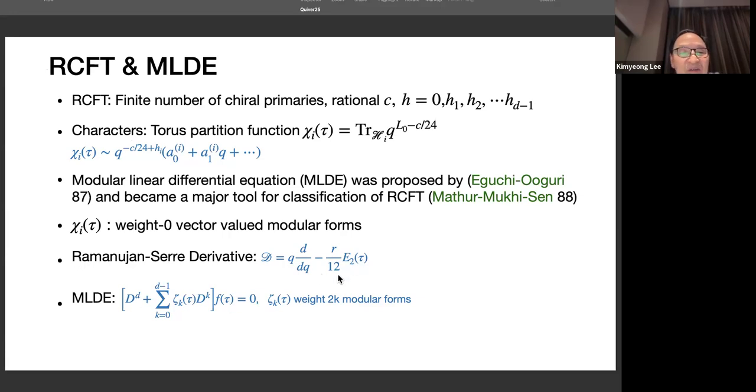When you take a derivative, you increase the weight by 2, and this still gives vector valued modular forms. The coefficient phi_k is a modular form of weight 2k, usually a ratio of the Eisenstein series E4 and E6.